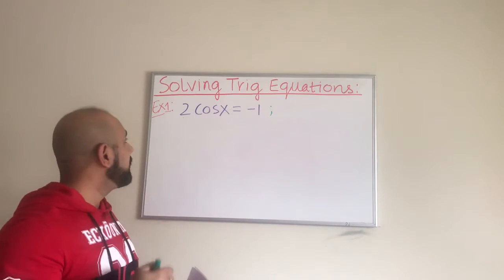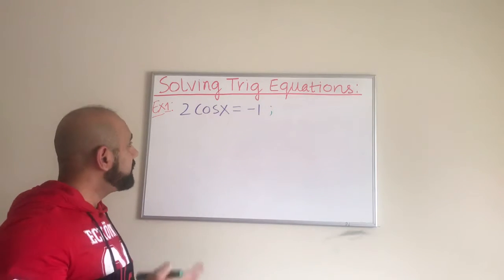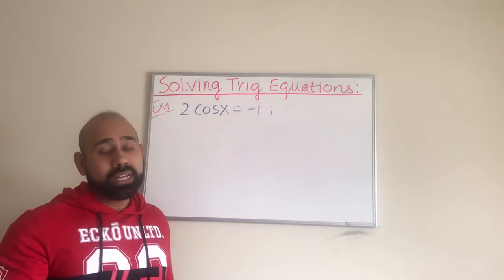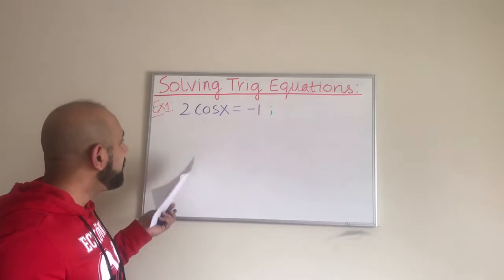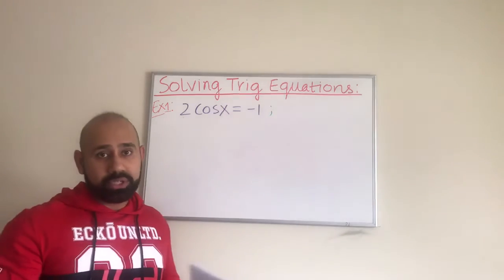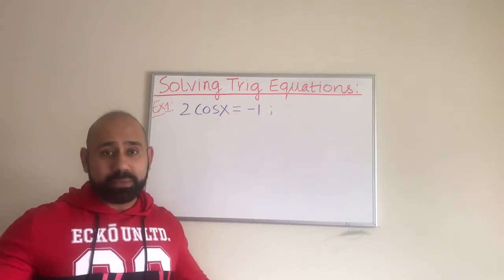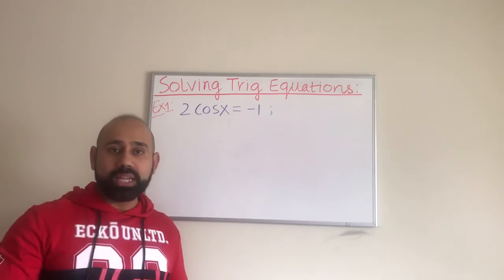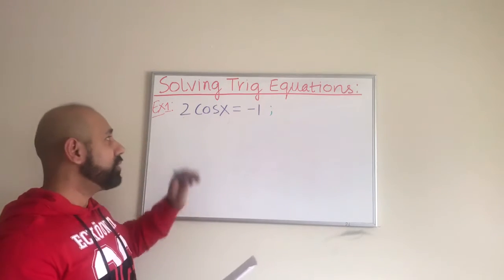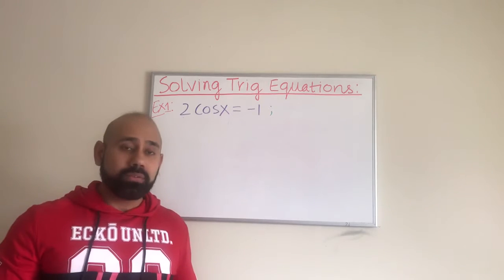Now, if you look at this particular equation, it is a trig equation because it involves a trig function. In this case, it is the cosine of x. And our goal here is to solve for the variable, which is true for solving any type of equation. In this case, we are trying to find that x, but we know that x in the context of this problem is basically an angle.